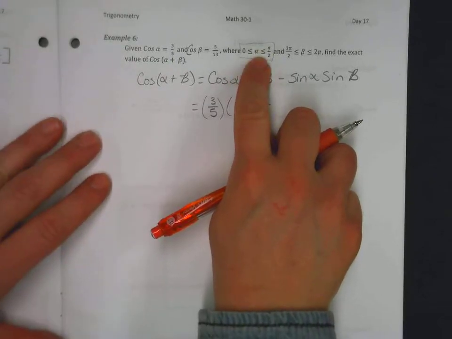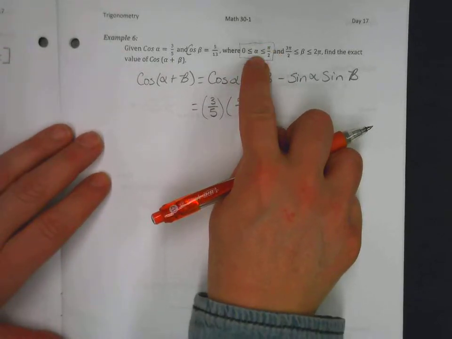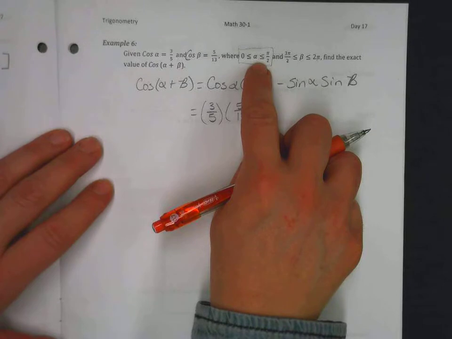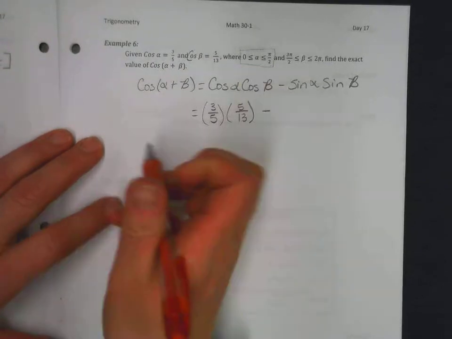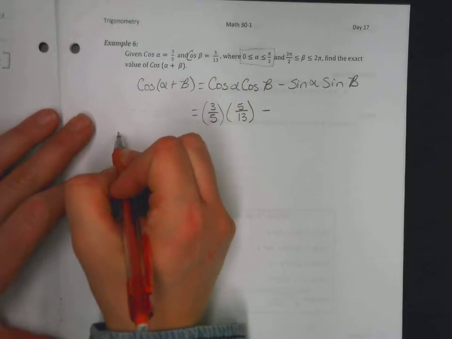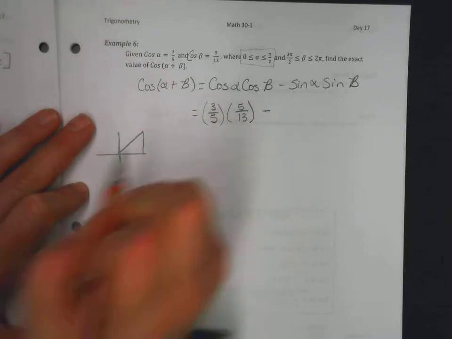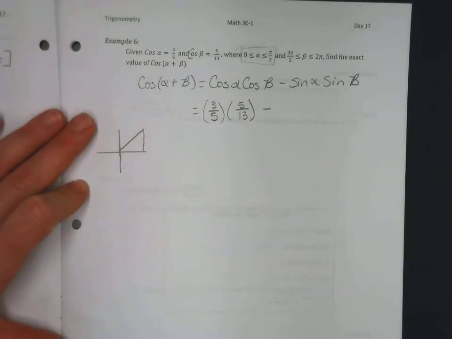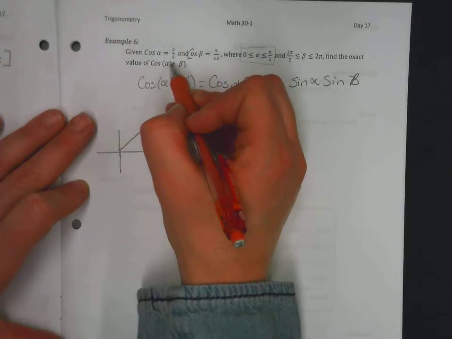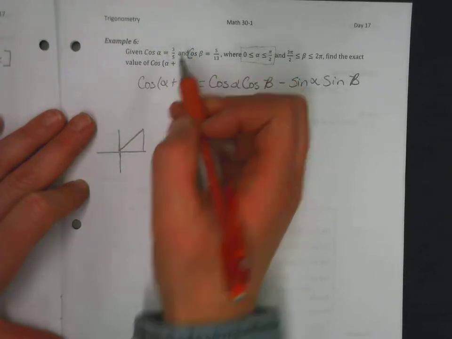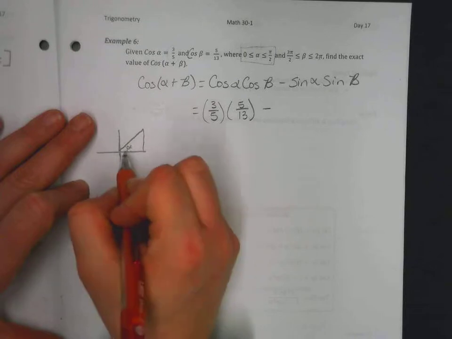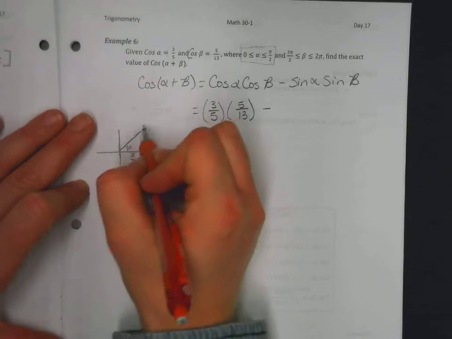So it tells me that alpha is between 0 and pi over 2. So that tells me that I should be working in quadrant 1. So I'm going to draw a triangle in quadrant 1. My cosine ratio is 3 over 5, while cosine ratio would be adjacent over hypotenuse.